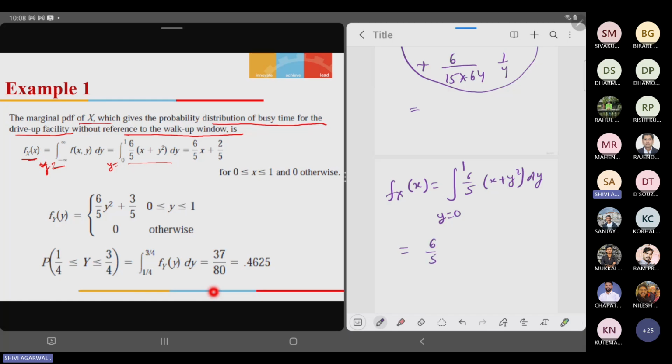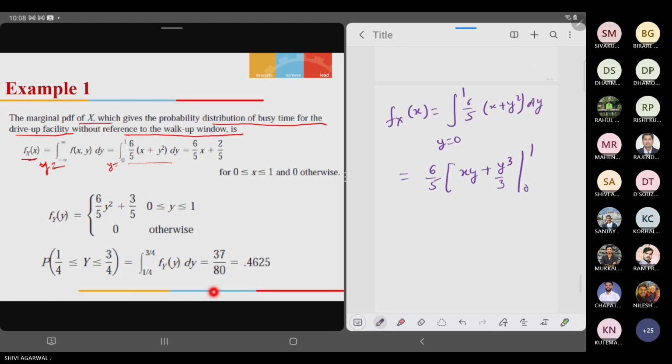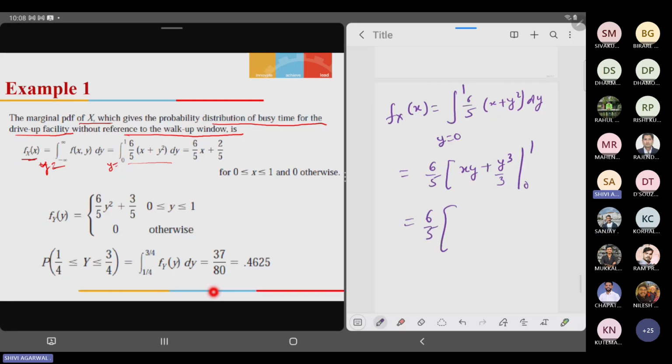So 6/5 times (xy plus y cubed by 3), from 0 to 1. So it will become 6/5 (x plus 1/3).